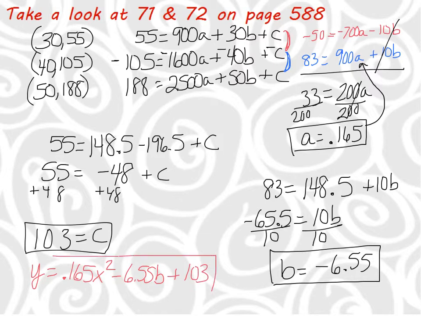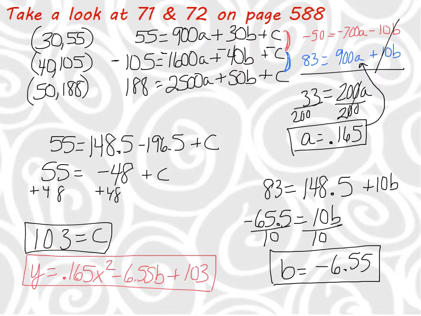This is the equation of the quadratic. Now part B asks you to graph the parabola and the data on the same set of axes. I'm going to go ahead and skip that. I'm going to trust that we did okay on this one, and that equation, if I were to put it in the calculator, it would actually go through those 3 points.